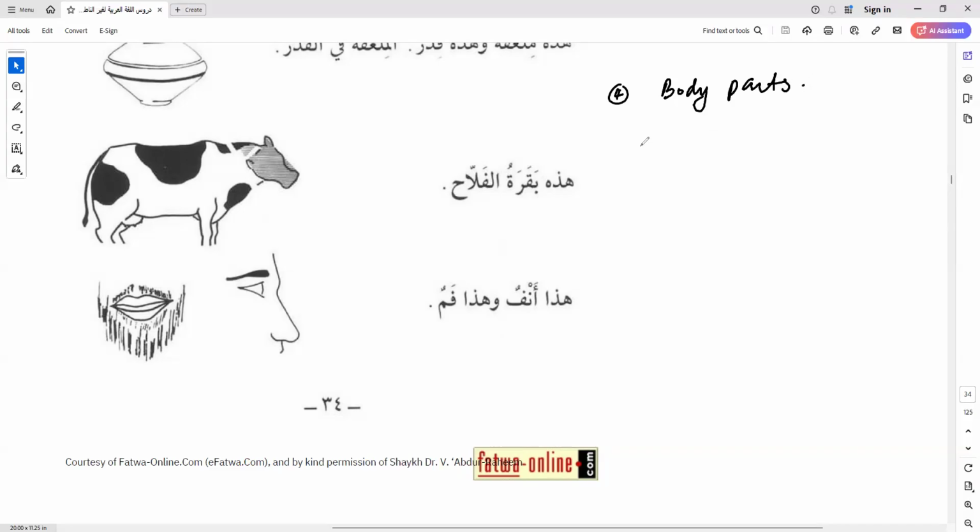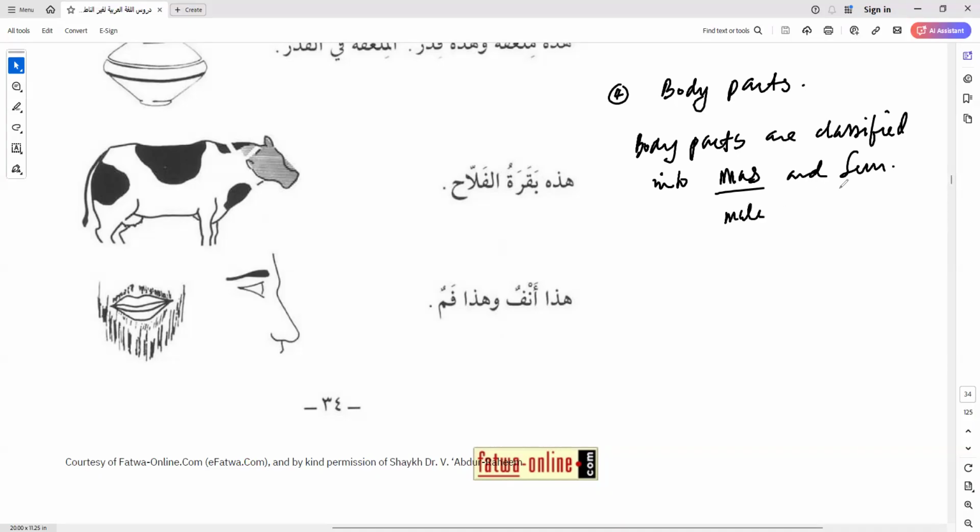Okay, so we're going to say that body parts are classified into masculine and feminine. That is male and female. So in Arabic, body parts are classified into that.